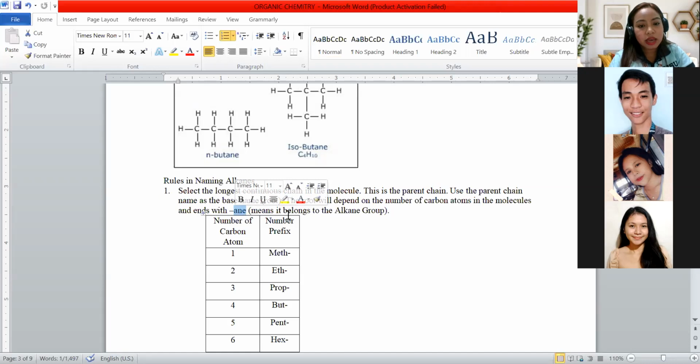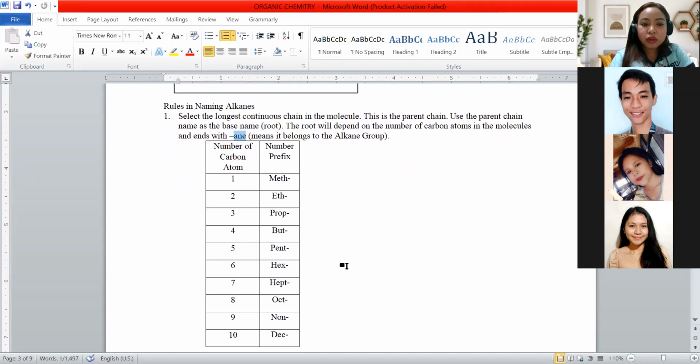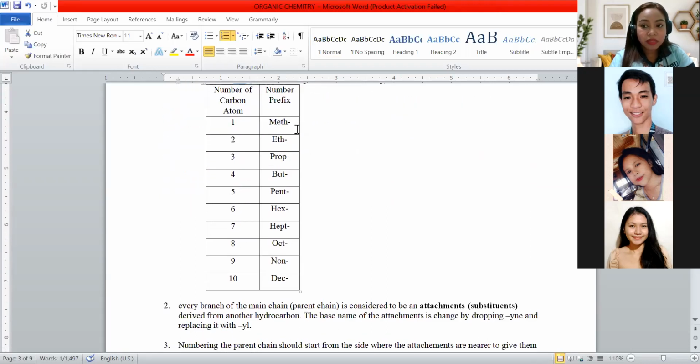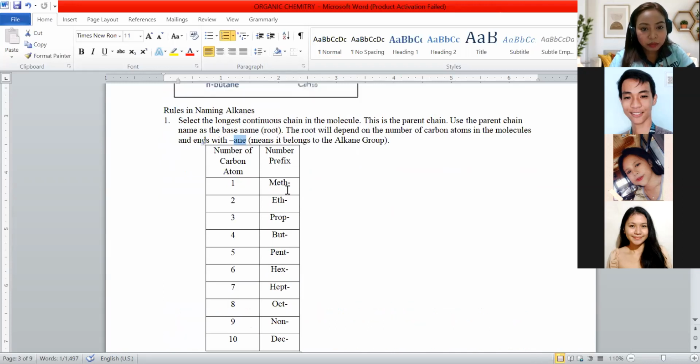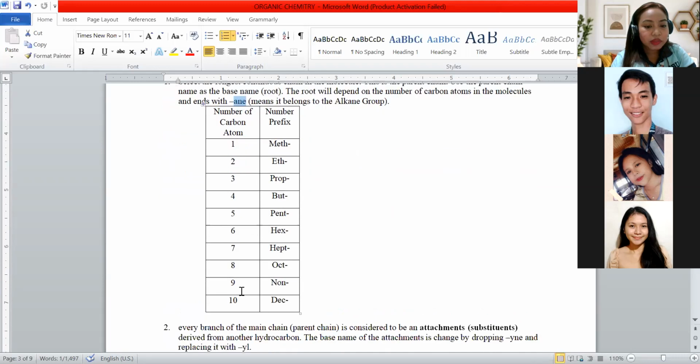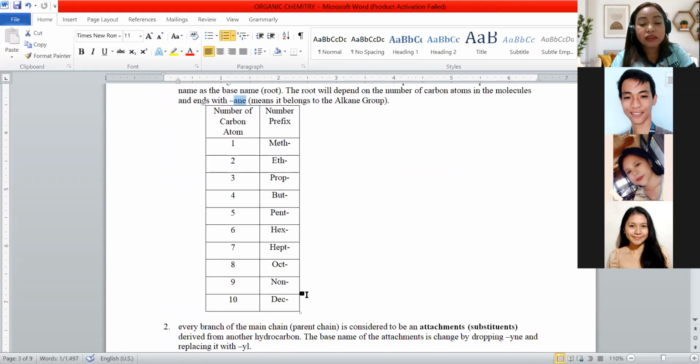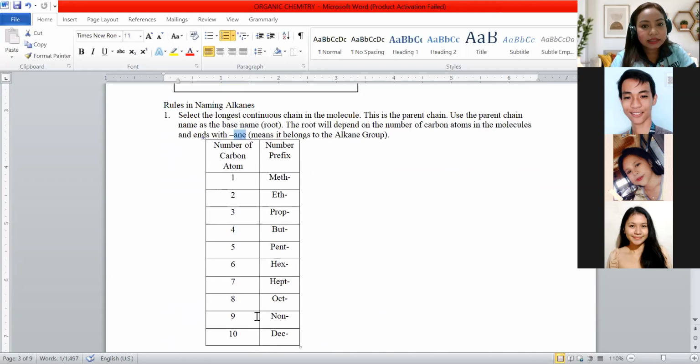If there's only one carbon, we have meth plus ane, methane. If there are two carbons, eth plus ane, ethane. If there are three, we have prop, 4 but, 5 pent, 6 hex, 7 hept, 8 oct, 9 non, and 10 dec. Now let's go back to our example.